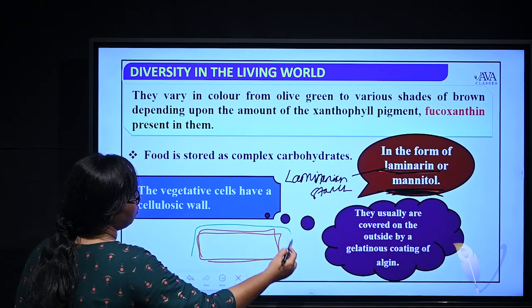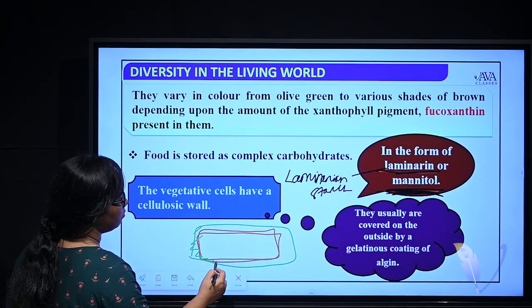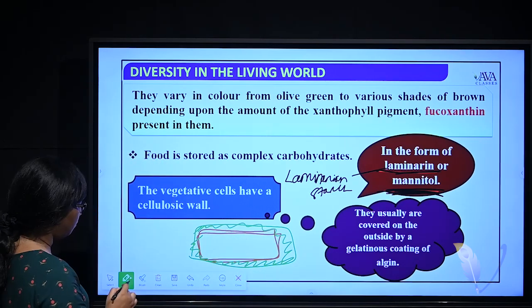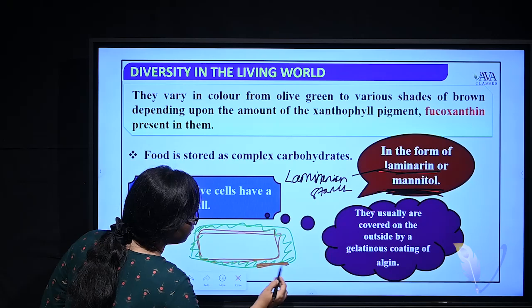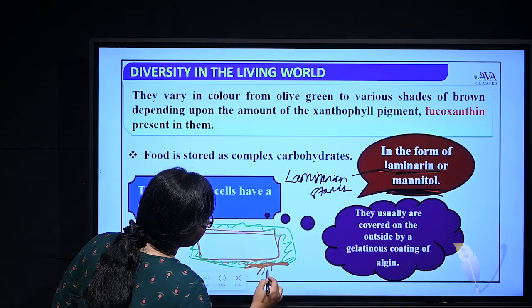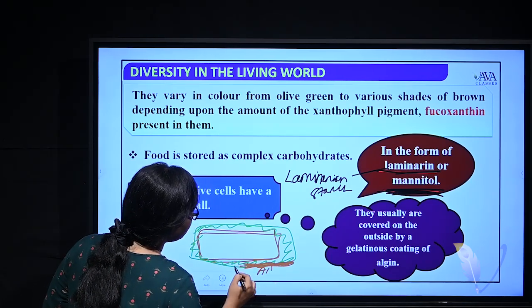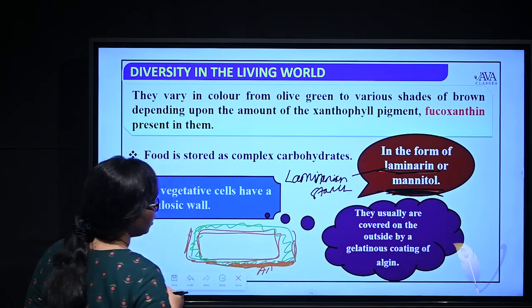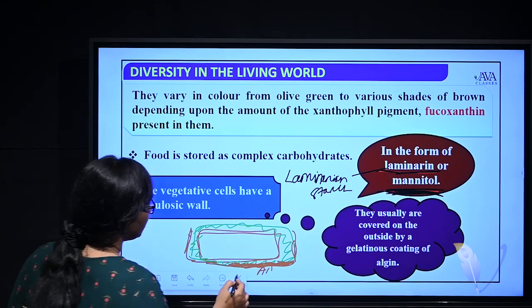here you take it is cellulose in the inner wall. In the outer wall of the brown algae you will see algin is present.